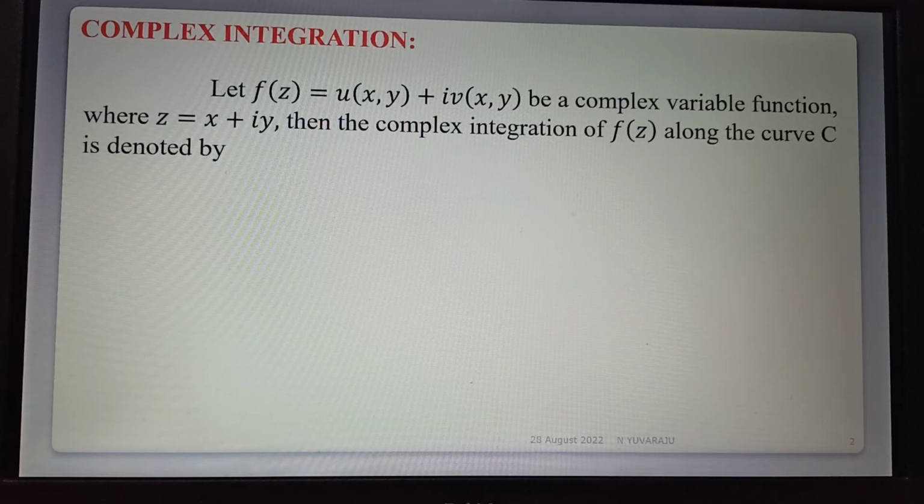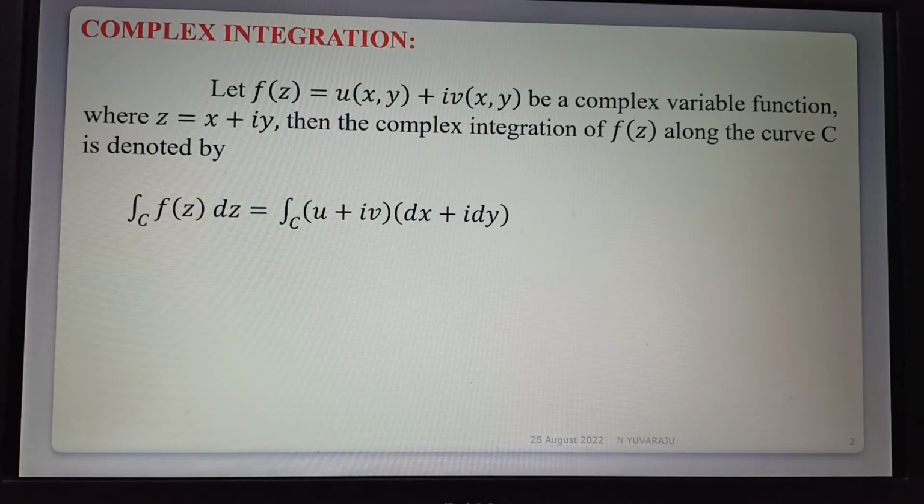Now finding the integration of f of z along the curve c is called complex integration, denoted by integration over c of f of z dz. Here f of z is u plus iv, and z is equal to x plus iy, so dz is equal to dx plus i dy.